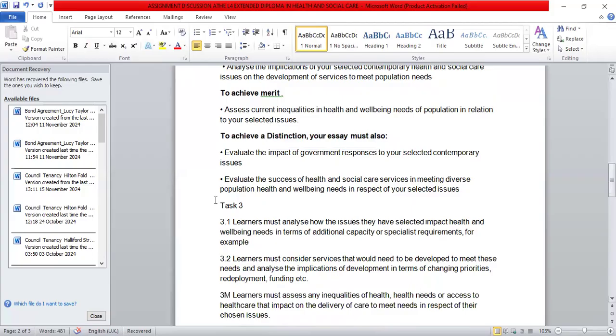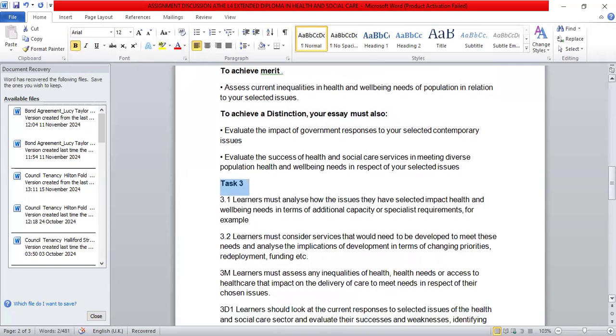And let's look at task 3. In task 3, we expect the learners must analyze how the issues they have selected impact health and well-being needs in terms of the additional capacity or specialist requirements. For example, learners must consider services that would need to be developed to meet these needs and analyze the implications of development in terms of changing priorities and redevelopment and funding.